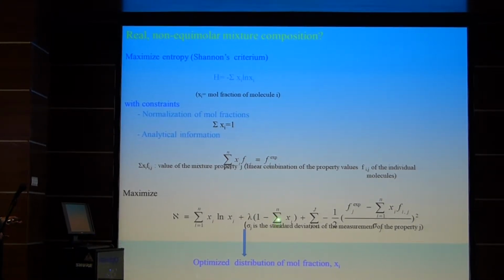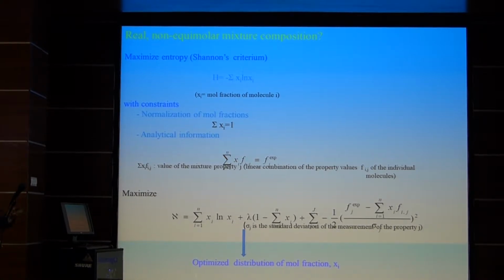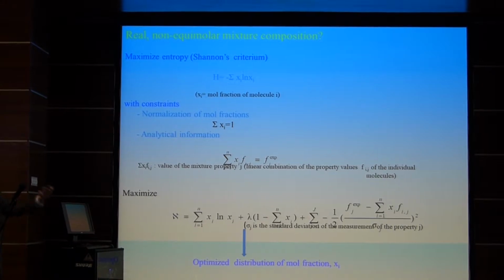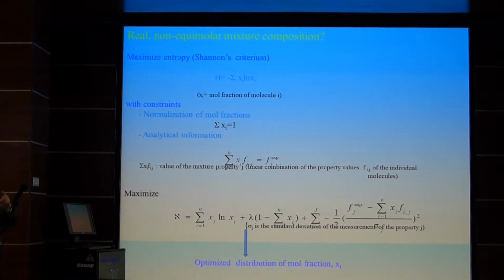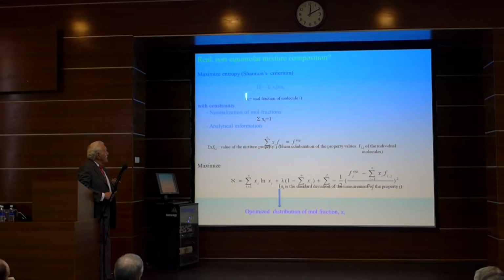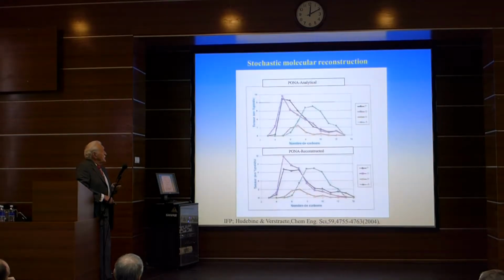Well, you have to account for the information which is available, and the analytical information that you collect on those molecules, and you maximize the Shannon criterion, accounting for the experimental information which is available. So that is a pretty efficient way of doing it.